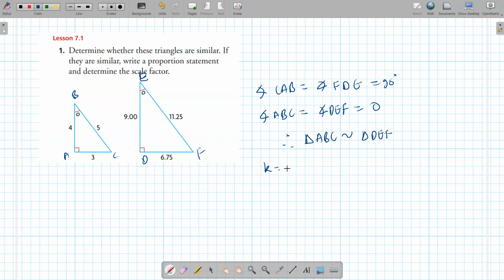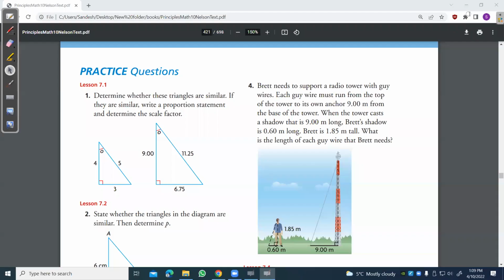Scale factor K, I'm just going to say is ED over BA. So that's going to be 9 over 4. And I believe it's 2.25. And that's our scale factor. Does it make sense? You remember this stuff? There you go. That was about similarity.